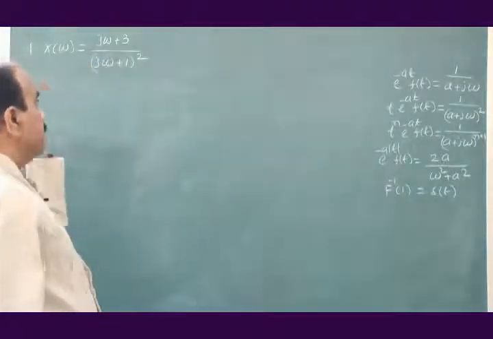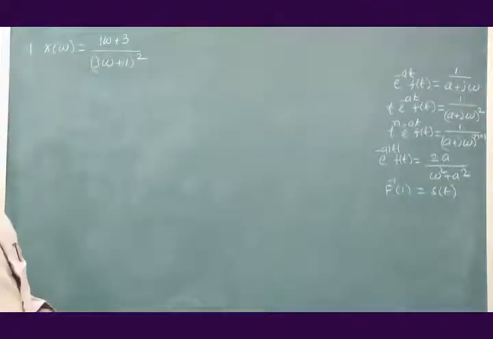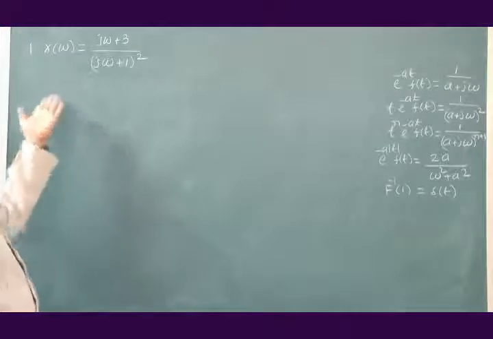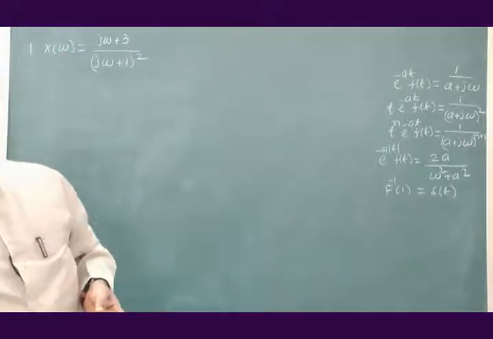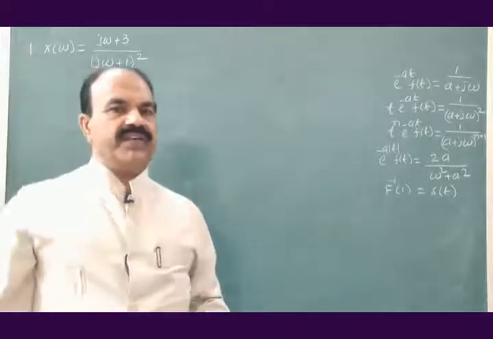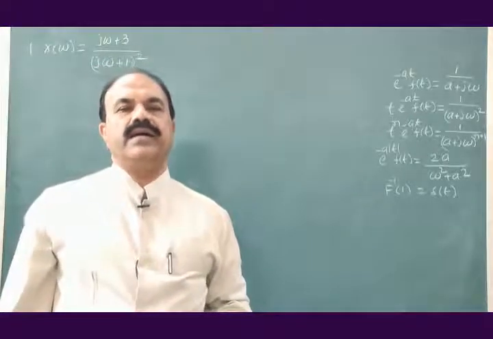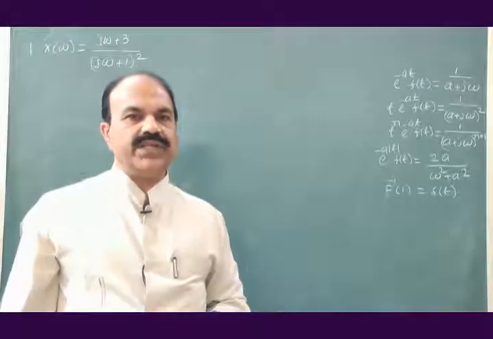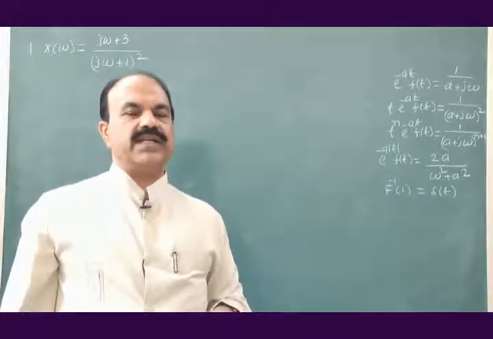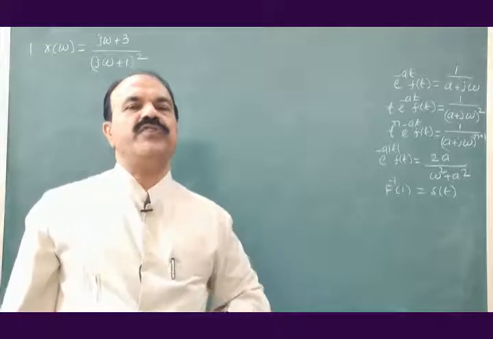Let us try to get inverse Fourier transform of x of omega. Omega is the frequency, reciprocal of the time. x of t is a function of time, x of omega is a function of frequency.